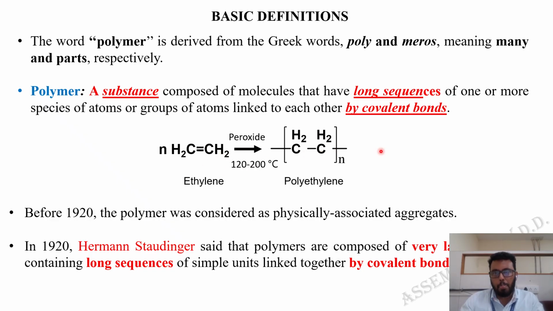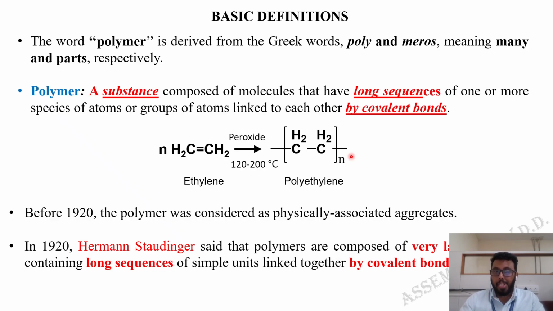So this will be repeating along the right as well as on the left. So I have put this n. If you are taking n molecules, that will be attached on both sides, and it will form a polymer chain. So this is a simple example of a linear chain polymer.